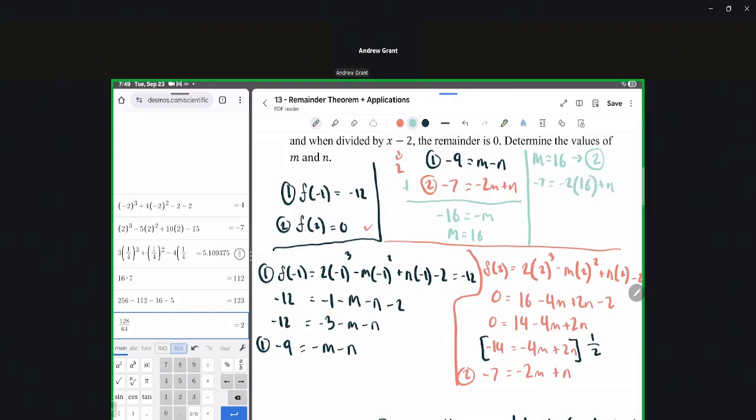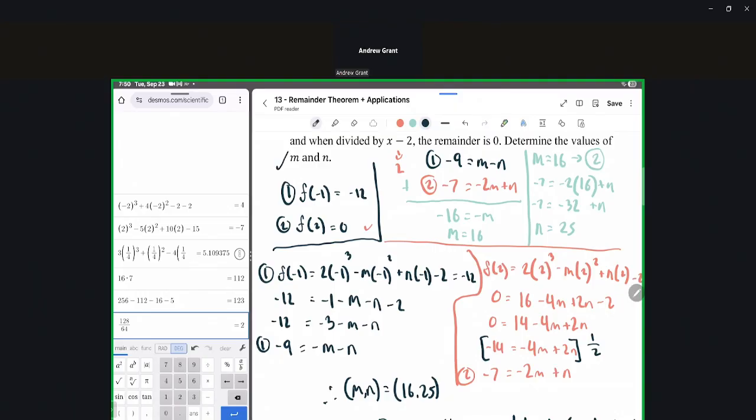Negative 2 times 16 is negative 32 plus n, plus 32 on both sides. So n is equal to 25. And then we can conclude that m comma n is equal to 16 comma 25.